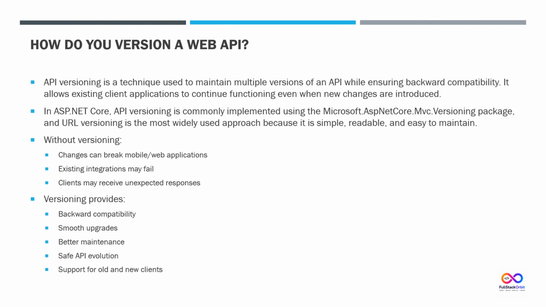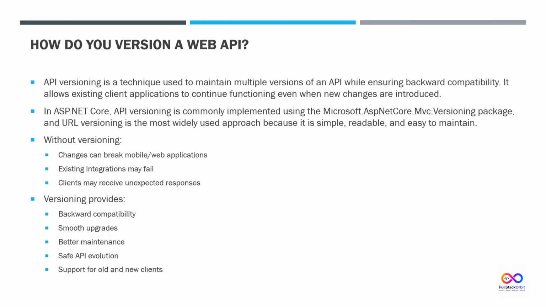Imagine your API is already being used by a mobile application, a website, and a third-party system. Now suppose you modify the response structure by adding, removing, or renaming properties. Existing applications expecting the old response may stop working.